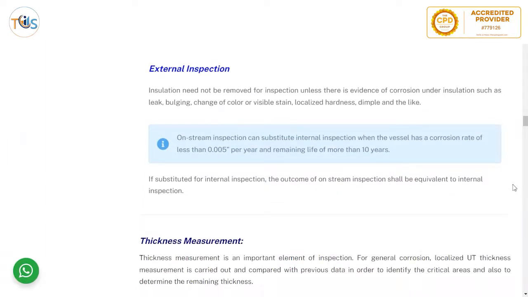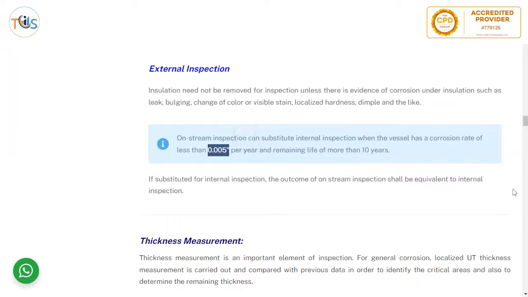On-stream inspection can substitute internal inspection when the vessel has a corrosion rate of less than 0.005 inch per year and remaining life of more than 10 years. So the calculated remaining life should be more than 10 years, and the corrosion rate should not be more than 0.005 inch.